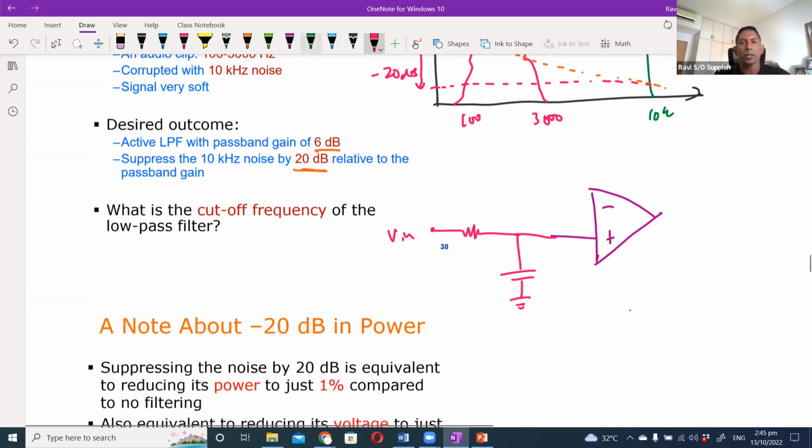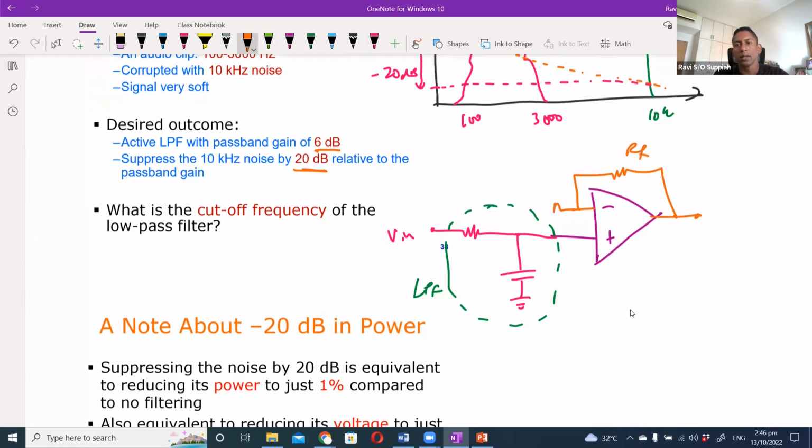This is your low pass filter. And the active element is the one that is providing me with the gain. So I can put the RF here and R1 here and the ground here. We can say that this point here is your V plus and this is your V out.